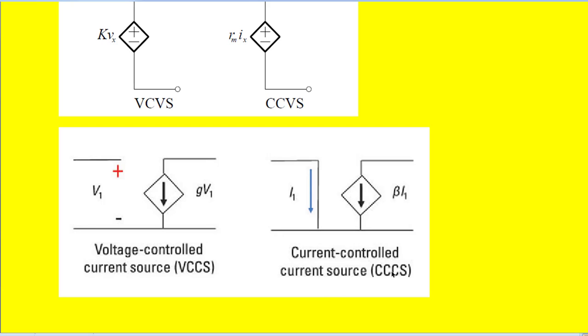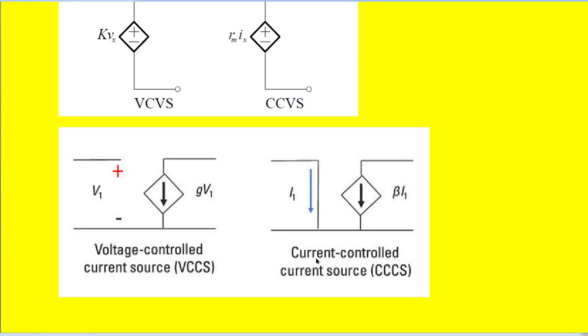Similarly, there is another type of current source, called the current controlled current source. In this case also, the symbol used for the current source is a diamond, and its direction is shown with an arrow like this. Then it is called the dependent current source.